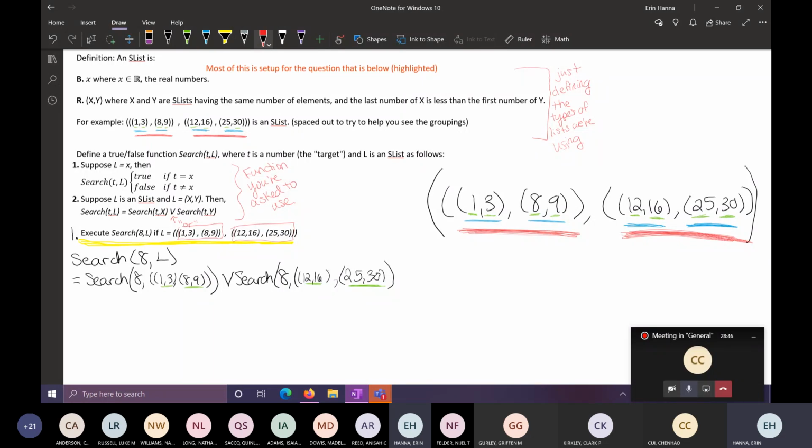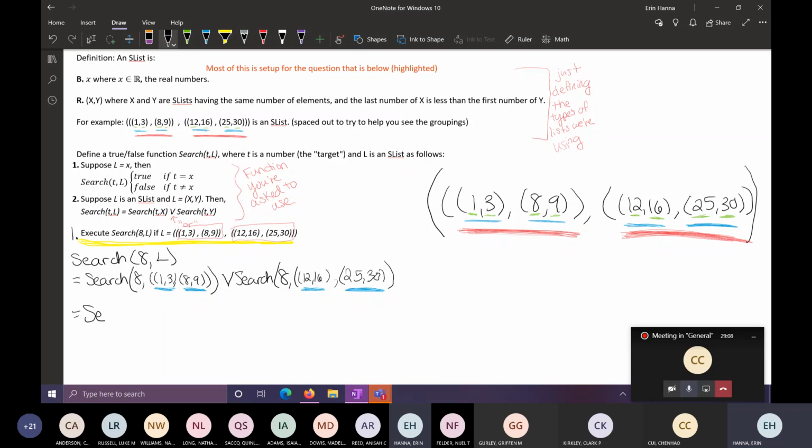So now what we're going to have to do is, well, let me match my colors here. If I put it in blue over there, let me put it in blue over here. So now we have the pairs 1, 3 paired with 8, 9, and 12, 16 paired with 25, 30. So we have to use that recursive step on both of those to break that up one more time.